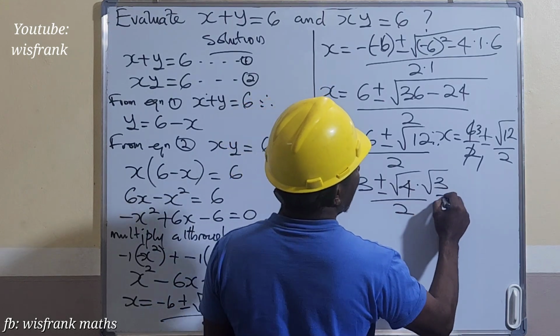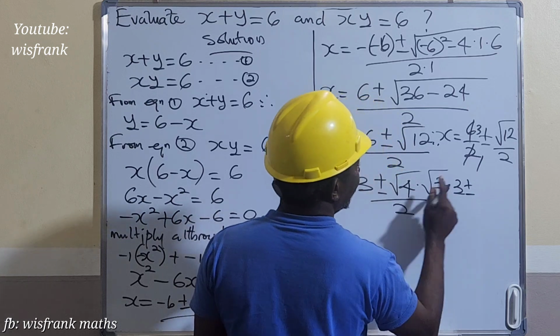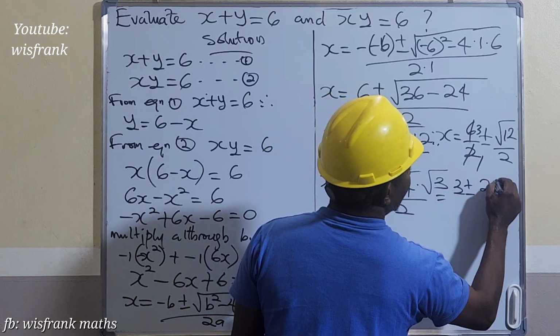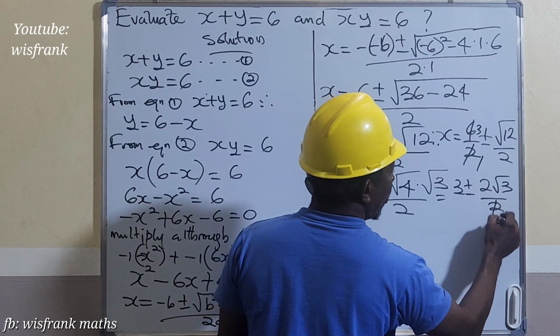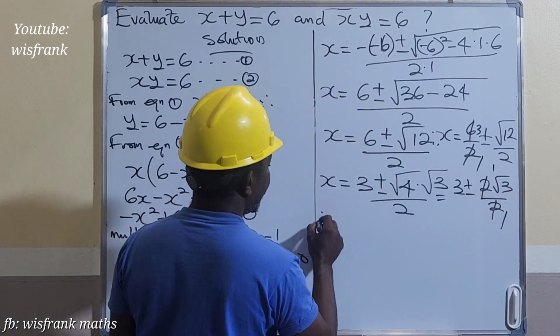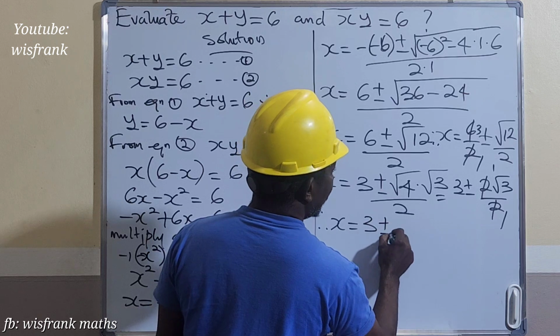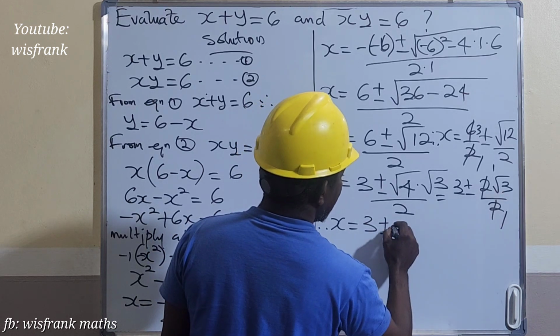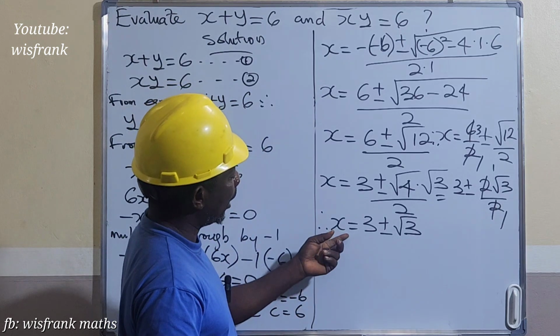So this is the same thing as having 3 plus or minus square root of 4, which is 2, times root 3, all over 2. In this case, 2 will cancel here to give 1, and 2 will cancel here to give 1. Therefore, the value of x equals 3 plus or minus root 3. This is what we have for the value of x.